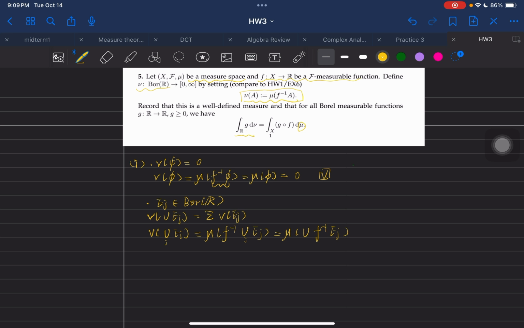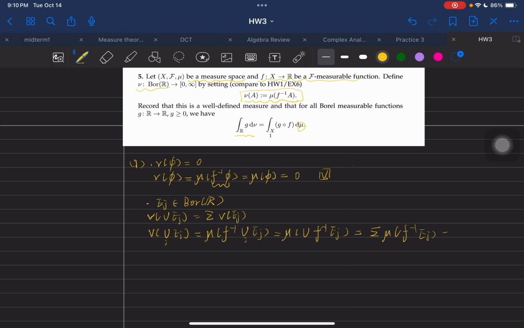And still as mu is a measure, we can just utilize mu as a measure to get the result, which is the sum of mu of f inverse E_j.